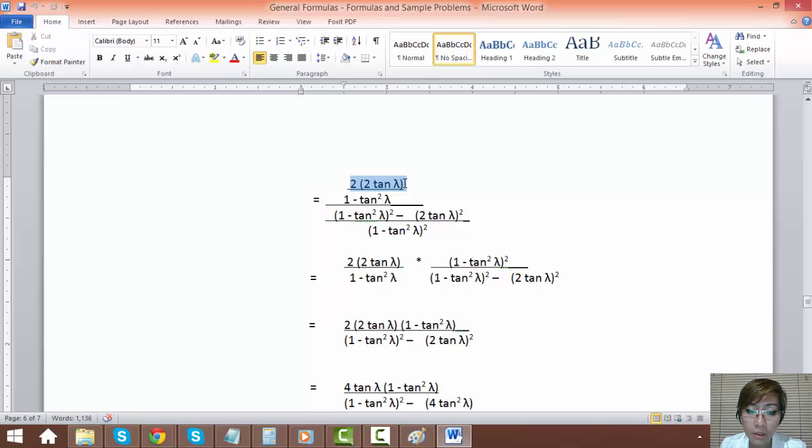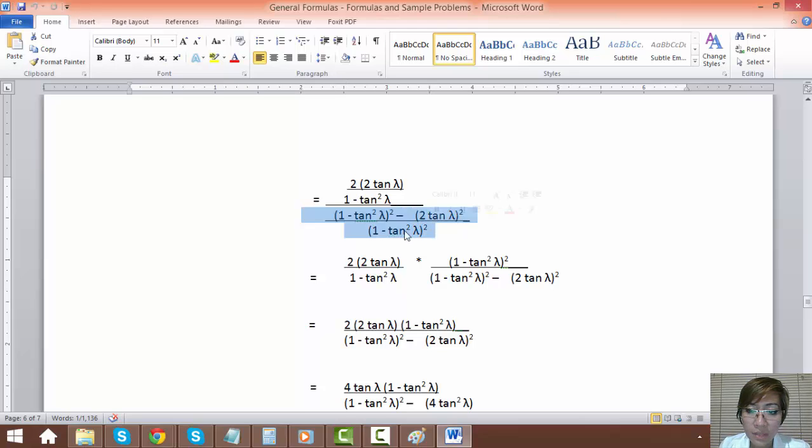Combining those terms by multiplication, we get 2 times 2 tangent lambda and 1 minus tangent squared lambda all over the denominator.